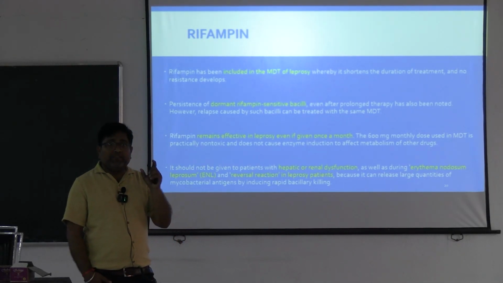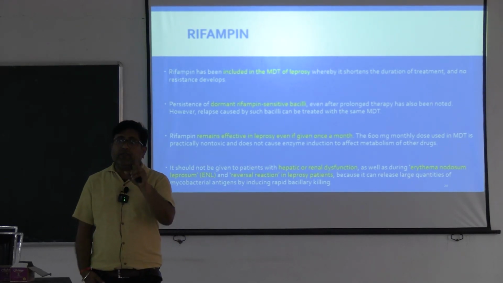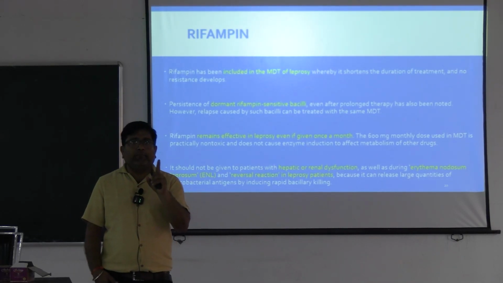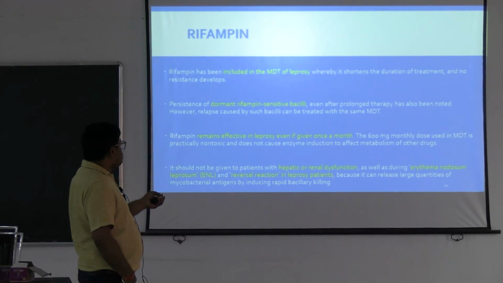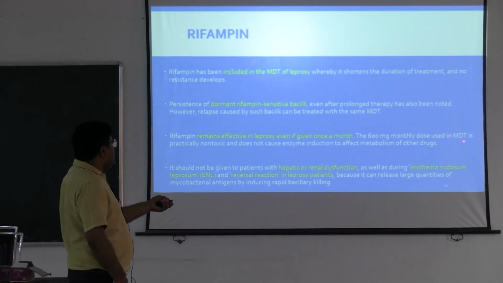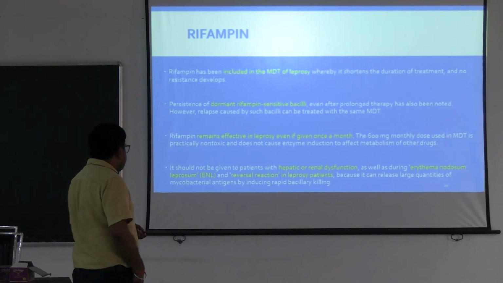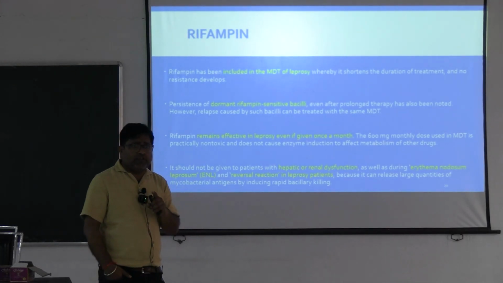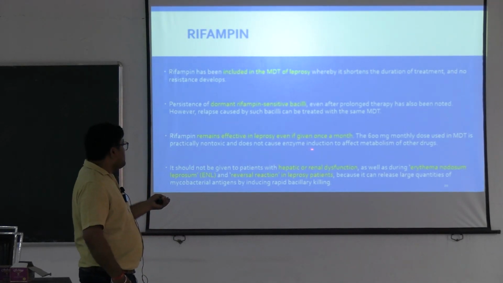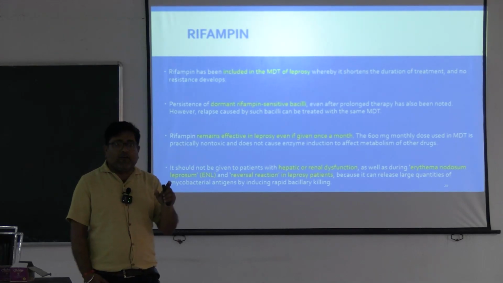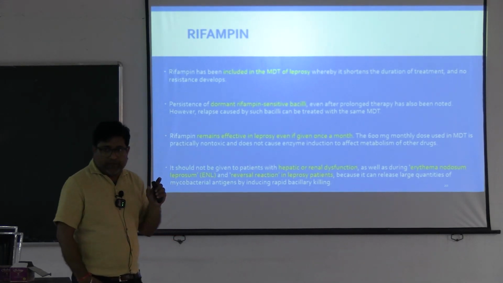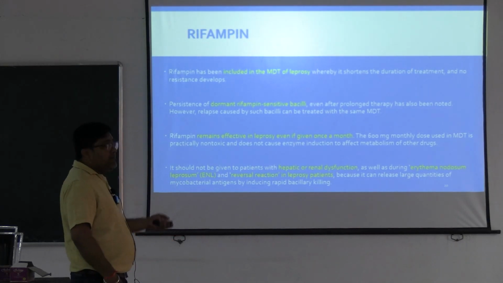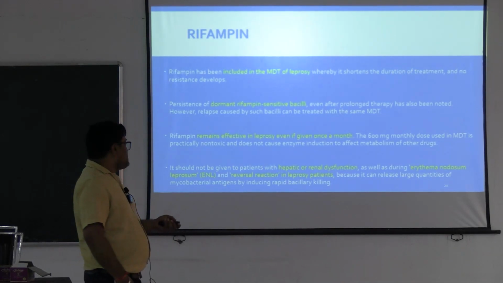So, rifampicin in patients of leprosy is given once a month, 600 mg per month. The 600 mg monthly dose used in multi-drug therapy is practically non-toxic and does not cause enzyme induction. So, this is the advantage of the monthly dose.